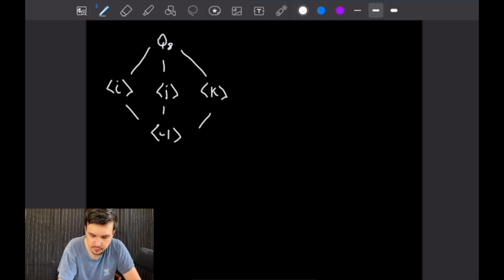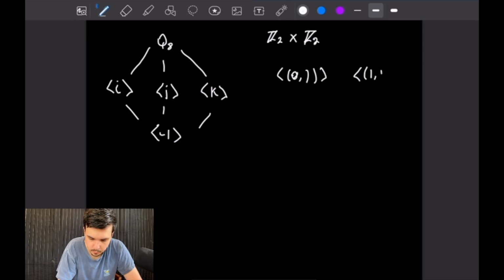At the top we have Z2 cross Z2. Underneath, we have the subgroup generated by (0, 1), then on the right the subgroup generated by (1, 1), and on the left the group generated by (1, 0). And at the bottom, we have just the ordered pair (0, 0).